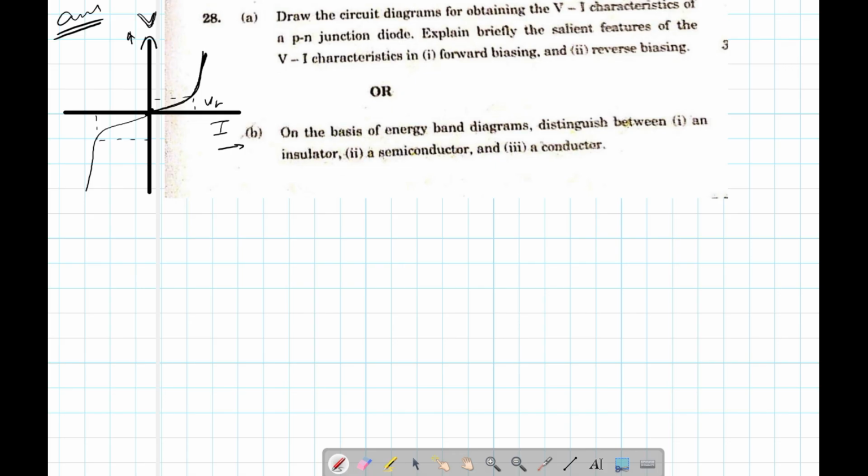So VB is the barrier voltage, VBD is the breakdown voltage.